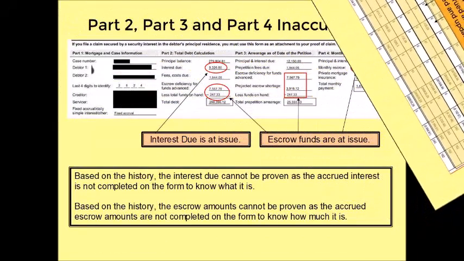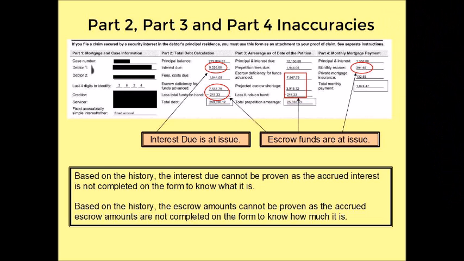So on the slide that talks about Part 2, Part 3, and Part 4 inaccuracies, the issue you're going to look at is, well, it says interest due. Well, where did they get that number from? You'll notice that on the previous page, where they put 0 on that document, there's no place for you to go now and look to see all of that accrued interest, whether it all adds up and equals that dollar amount.